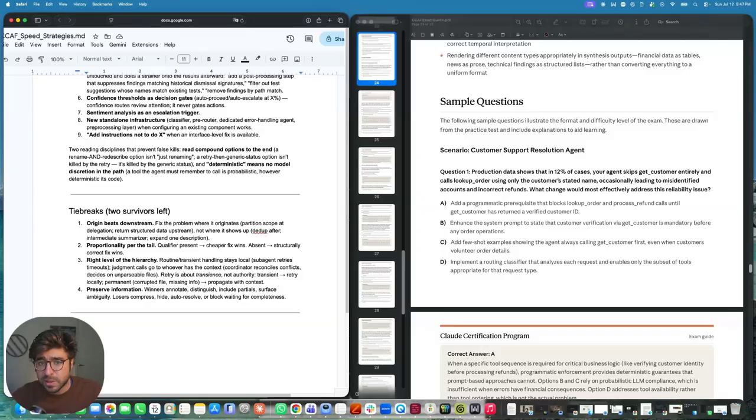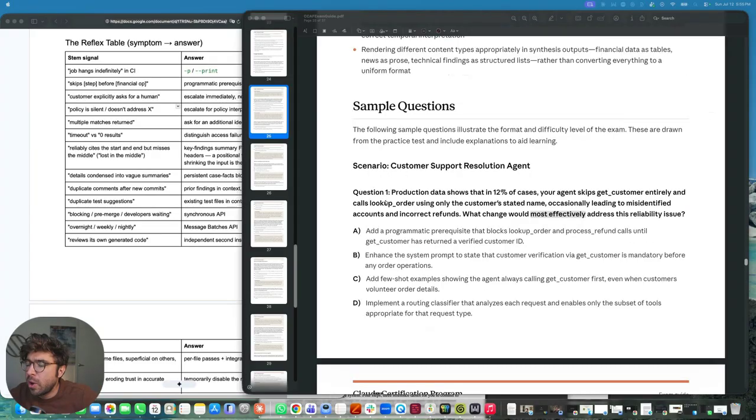Let's go ahead and get into some questions where we can see these applied. Here we are looking at question 1 of the official Anthropic CCF exam guide sample questions. What we're going to do, like the guide says, is go to the very last sentence of the paragraph, and we're looking to classify this as a specific type. What we see here is: what change would most effectively address this reliability issue.